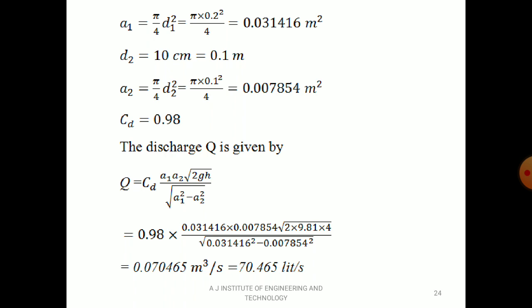So Q equal to 0.98 into area A1, 0.031416, and A2, 0.007854, and H value is 4 meter of oil.